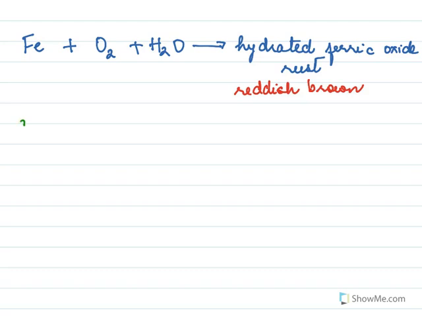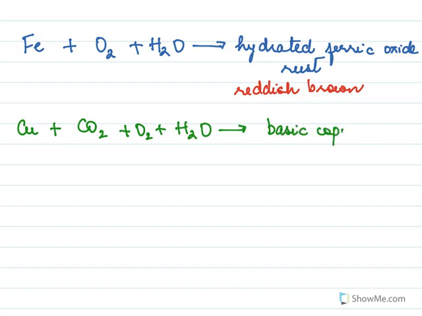Then when it comes to copper, copper also reacts with carbon dioxide plus oxygen and water, and it forms something called basic copper carbonate. And this basic copper carbonate is bluish in color.